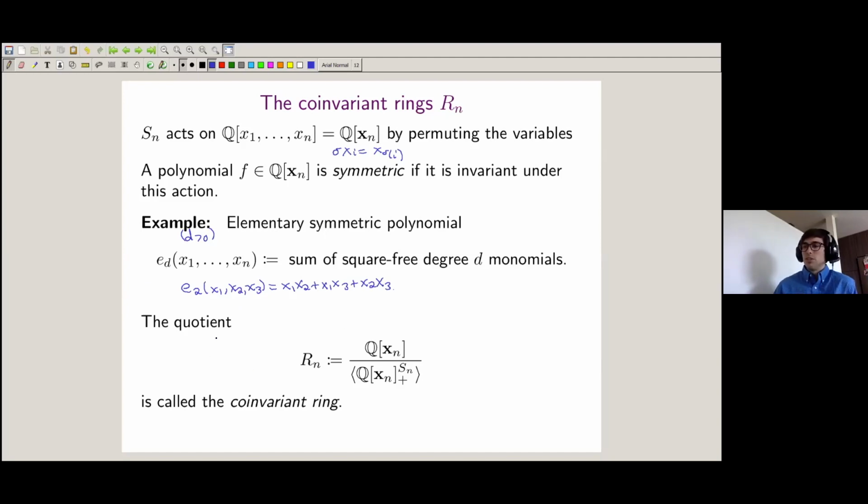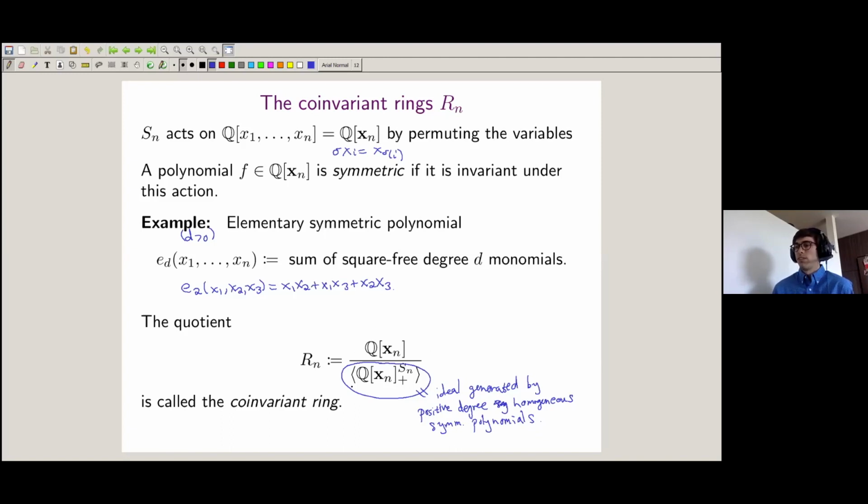And we'll consider the following quotient where we write down the ideal generated by all of the positive degree homogeneous symmetric polynomials, which is otherwise known as the invariant ideal.